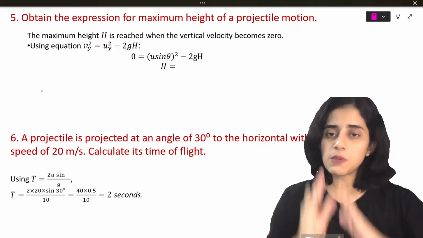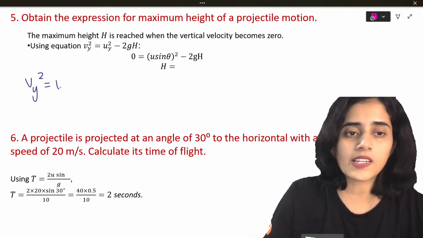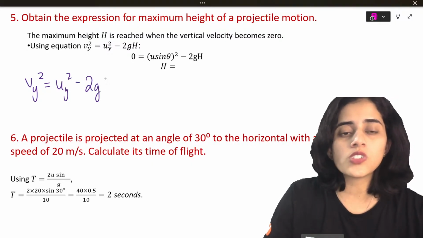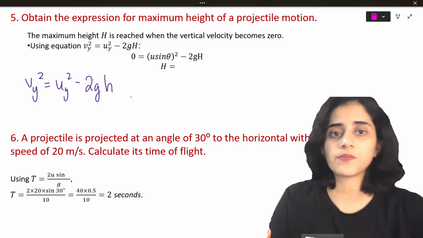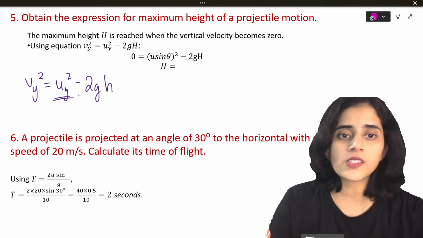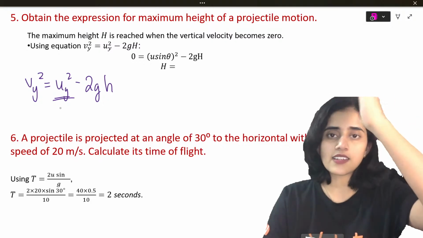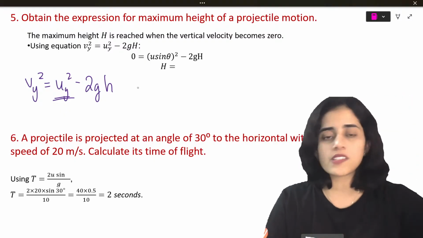So maximum height is along y-axis. So we'll take vy square is equal to uy square minus 2gh. Minus g because it is going up. Okay. So uy square is what? Along y-axis, velocity is what? U sine theta. As I said, when it reaches the top, it is 0.